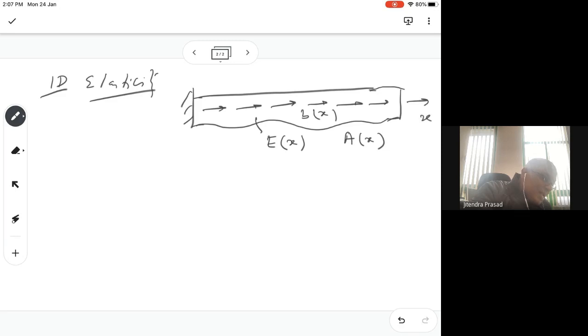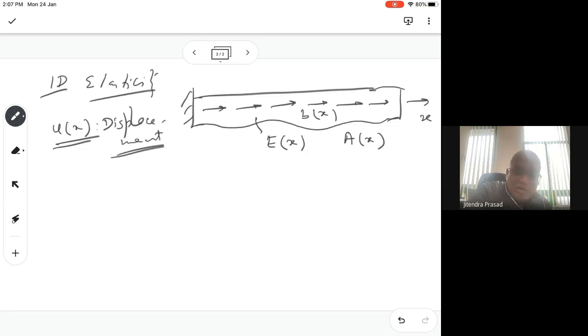The x is in this direction, and accordingly even u will automatically be a function of x. This is the displacement. So we are making a general purpose, complicated problem, where Young's modulus is changing with x, area of cross section is changing with x, and there is a body force.